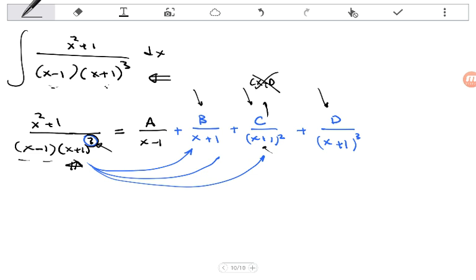No. When I have a linear bracket raised to some power, each of these terms deals with the denominator as if it was a first degree. So it will be just a constant here and here. And I remember that I would have three terms for this one. Now some of these constants can be found by covering.